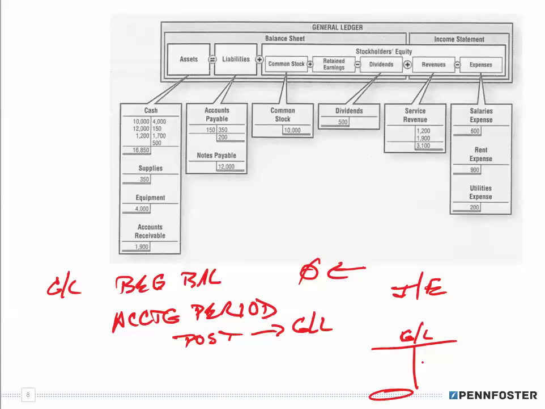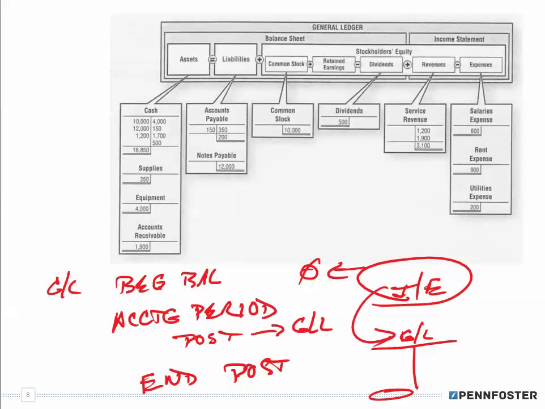Okay, but the bottom line is that when you get to the end of the accounting period, you must post to your ledger accounts to take everything from the journal and put them into your ledger accounts. And when you do that, you're able to create balances in those accounts.